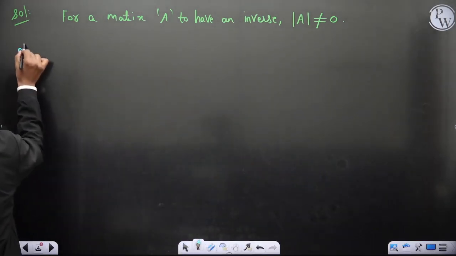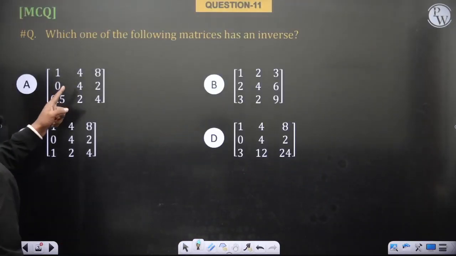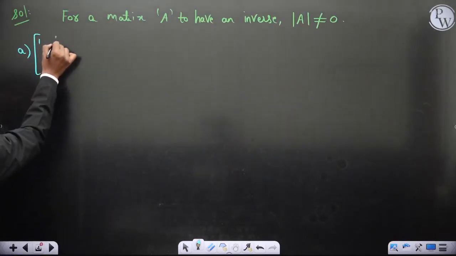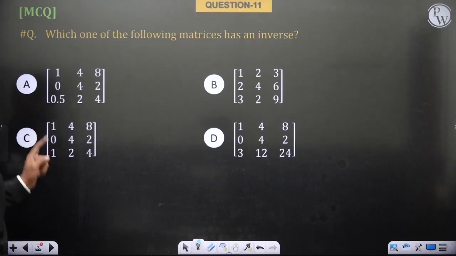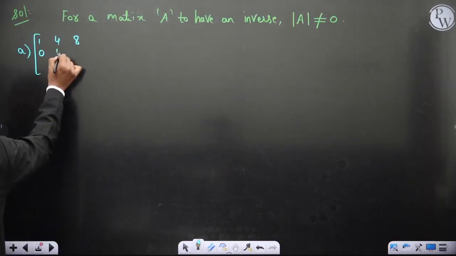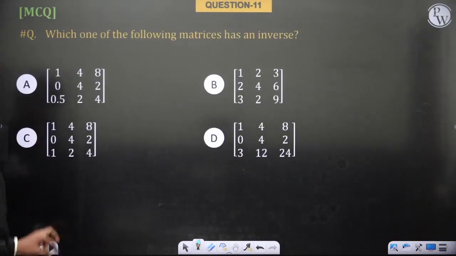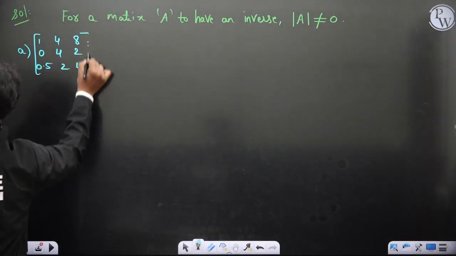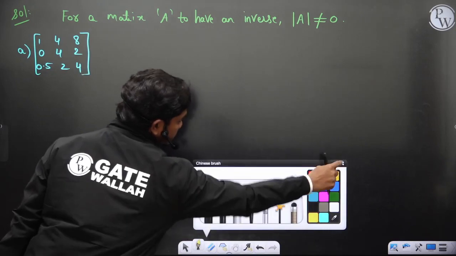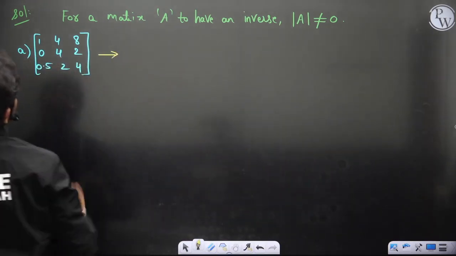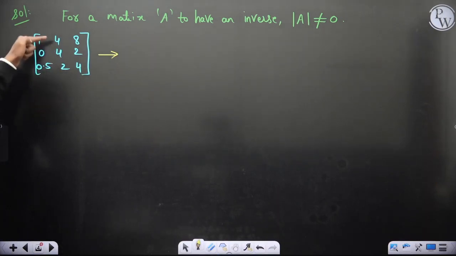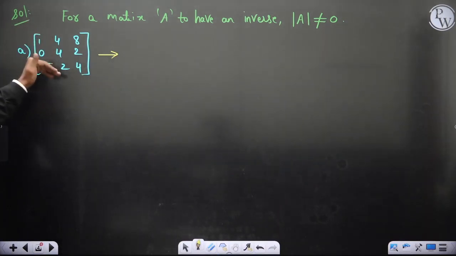So the first matrix that you have is 1 4 8, 0 4 2, 0.5 2 4. In this matrix you can see the first row and the third row: the third row is half times the first row, or basically the first row is 2 times the third row.